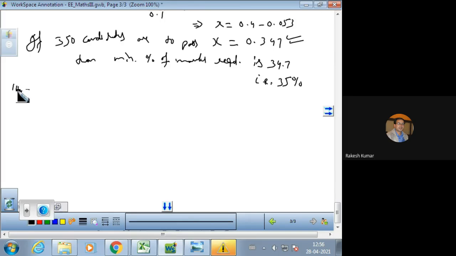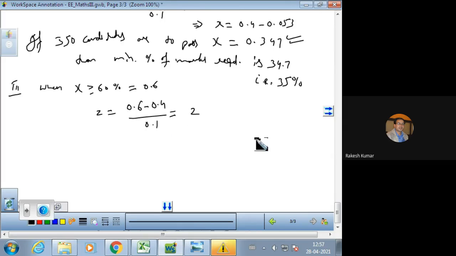One more part is also given. How many have scored marks above 60%? So x greater than or equal to 60%, meaning 0.6, and your z comes out to be 0.6 minus 0.4 over 0.1.